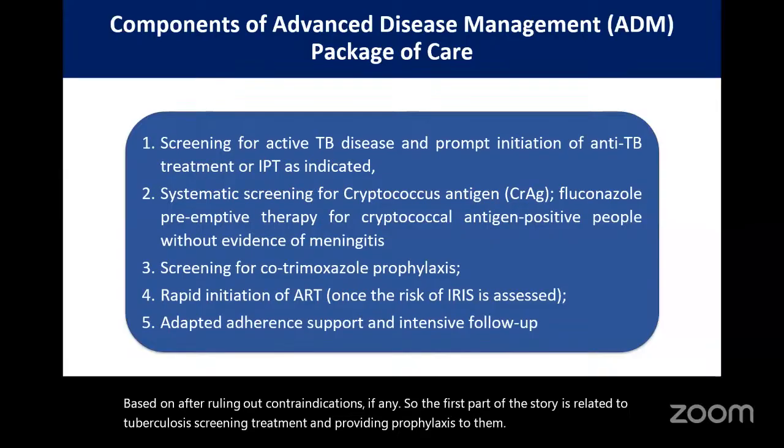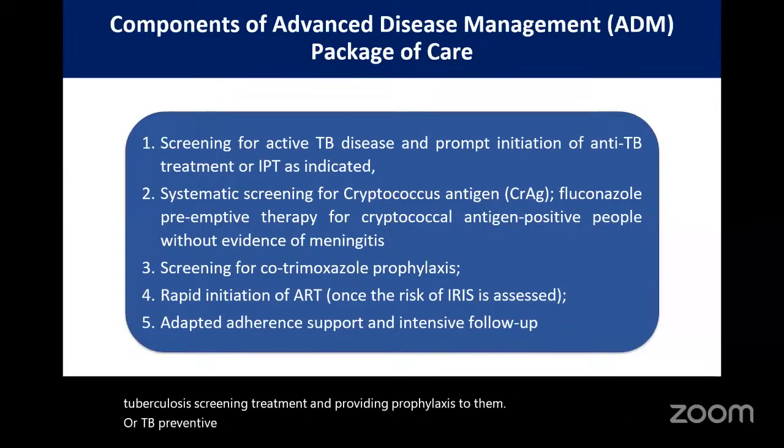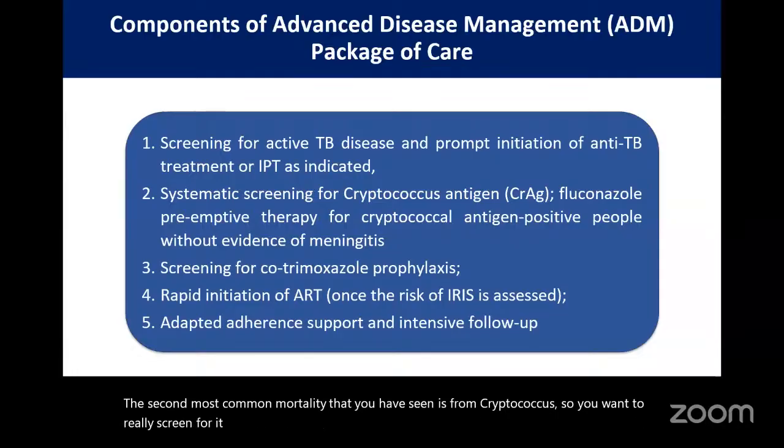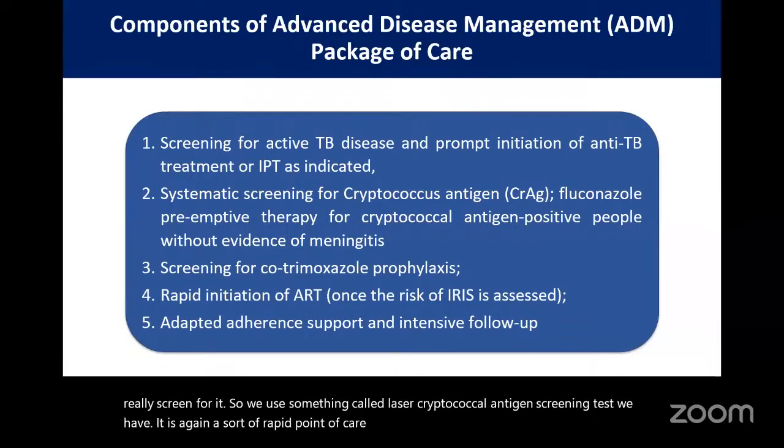TB preventive therapy. The second most common mortality that you have seen is from cryptococcus. So you want to really screen for it. So we use something called a cryptococcal antigen screening test. It is again a sort of rapid point of care test. And fluconazole preemptive therapy is part of this.